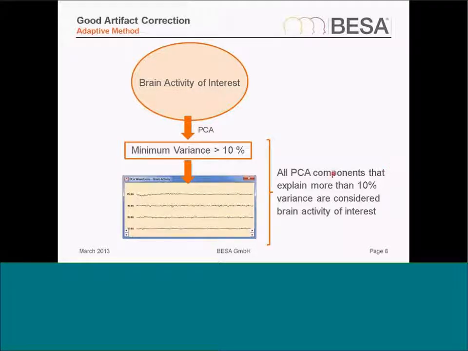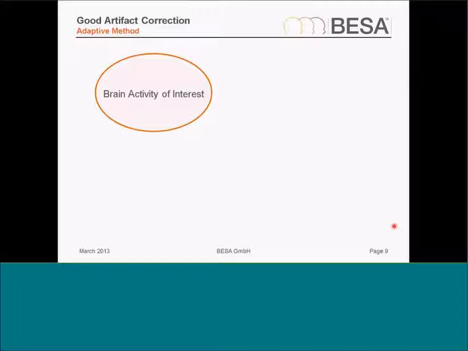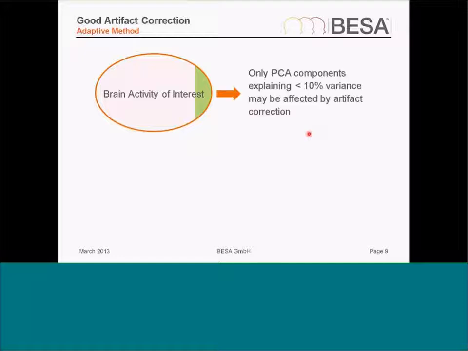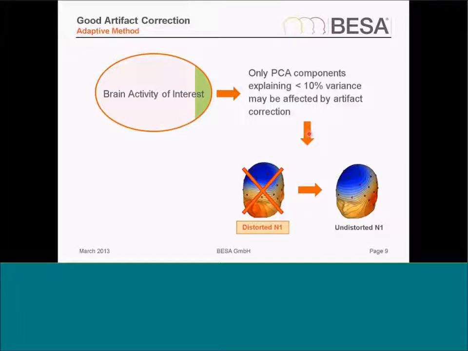All the PCA components that explain more than 10% variance are considered brain activity of interest, and these will be protected. So this green chunk here is what we protect from any correction, and the rest can be distorted by the artifact correction. And what that results in is that instead of getting a distorted N1, we get a nice undistorted N1.